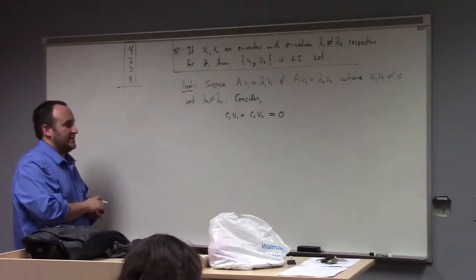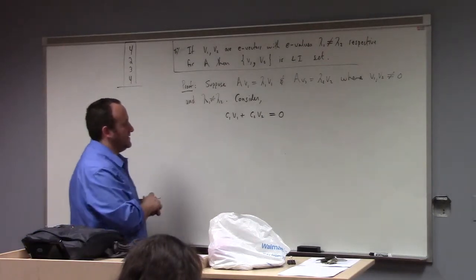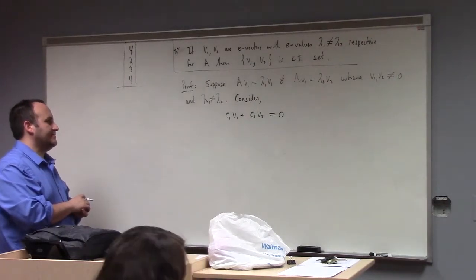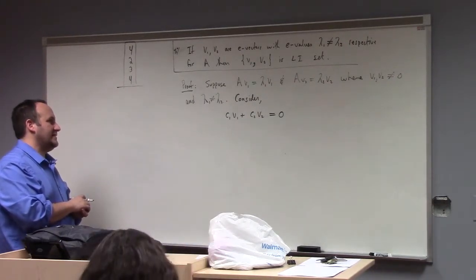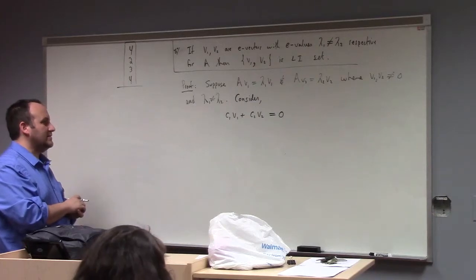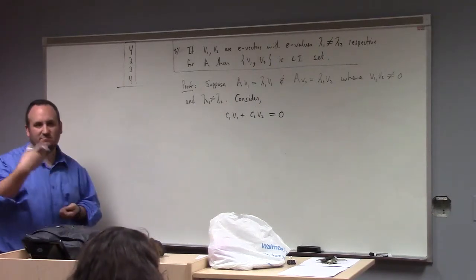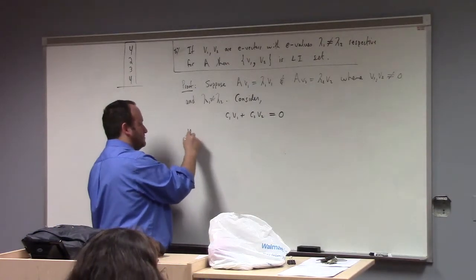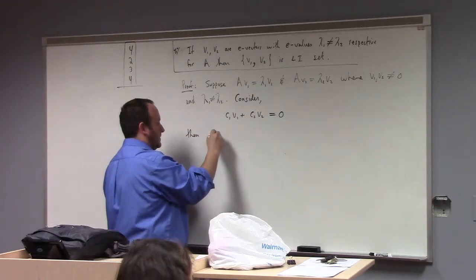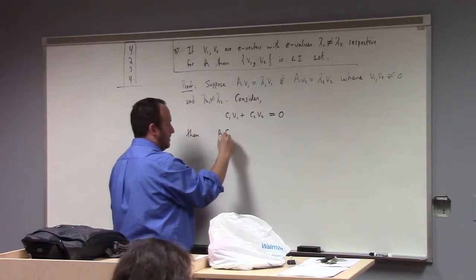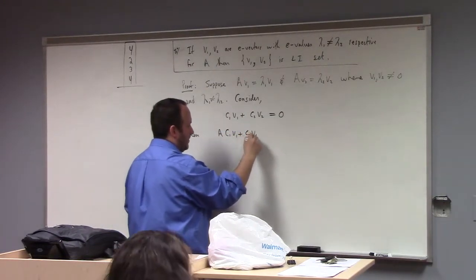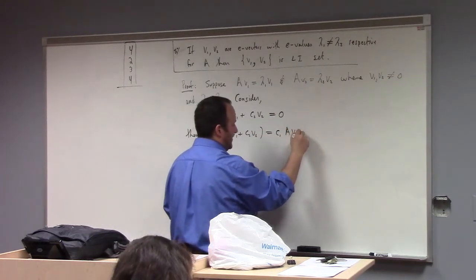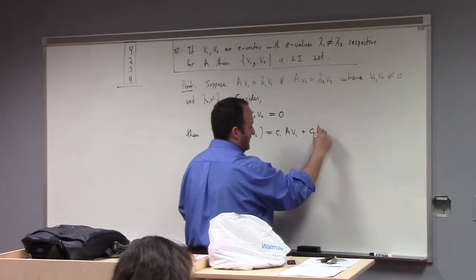All right, so what I suggest, so would you guys want the, let's see here. I really like the direct proof, which is a little bit sneaky. But let me just be less sneaky and just, what happens if we multiply by A? We get c1 A v1 plus c2 A v2, right?